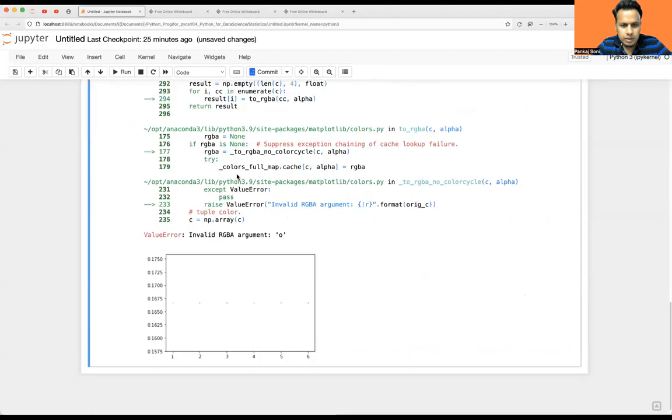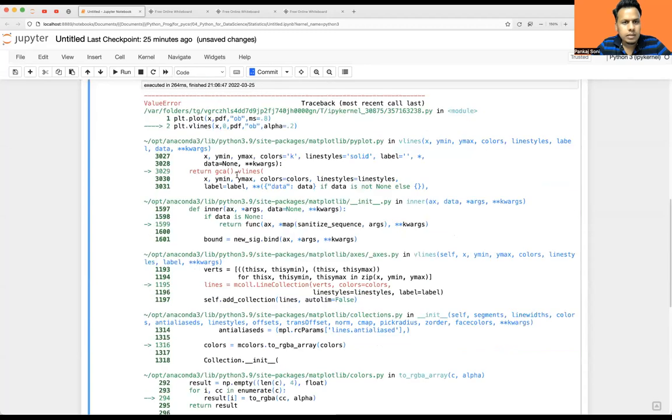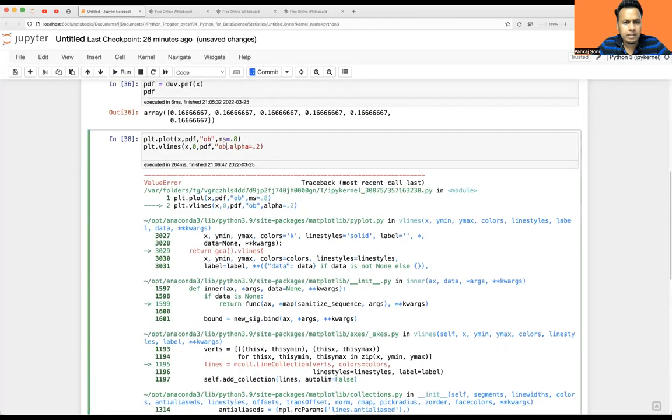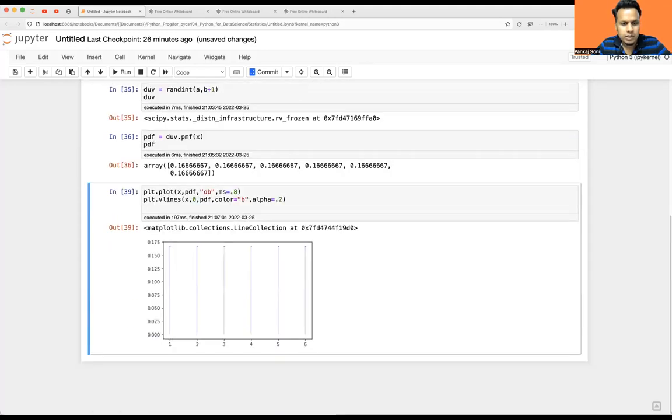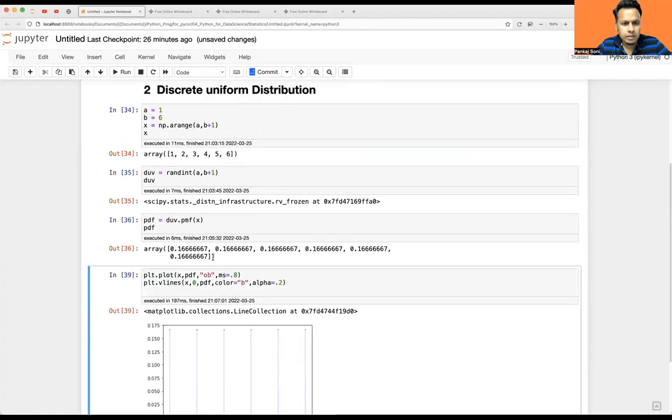So what is the issue here? I think for vlines this is not existing, so that's okay. I can set color equal to blue. Okay, I think this is good. Now I can make it, let's say, two.